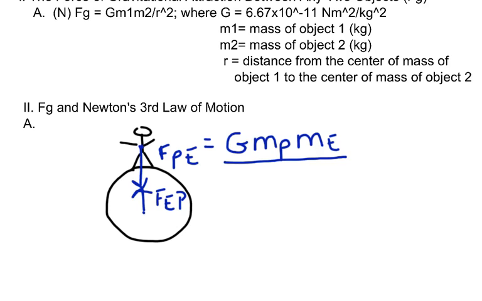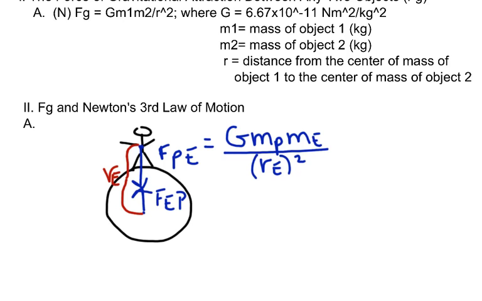So really what we're talking about is the center of mass of the person to the center of mass of the Earth, and that happens to be this distance here, what I'm going to call R. And for all purposes, that's almost exactly the radius of the Earth, so I'm going to put an R sub E. And so what we're going to do is divide that by the radius of the Earth and then square that value.